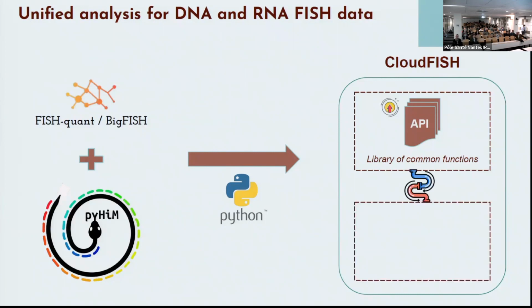The second goal is to develop typical usage pipelines to use this library, and we integrate the pipelines inside a user-friendly graphical interface to easily manipulate the parameters and to visualize the results of a run.